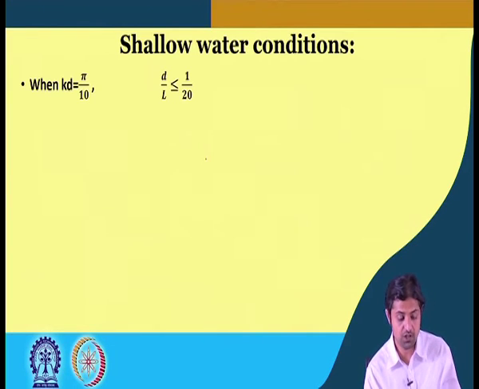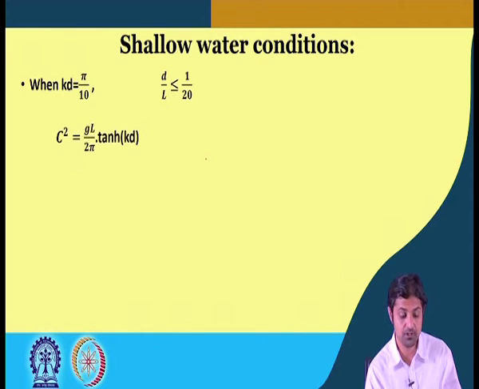Now, what are the shallow water conditions? kd is equal to pi by 10, alright, that is what we said, 2 pi d by L, that is what we found out from the table. Therefore, C square can be written as gL by 2 pi tanh kd.